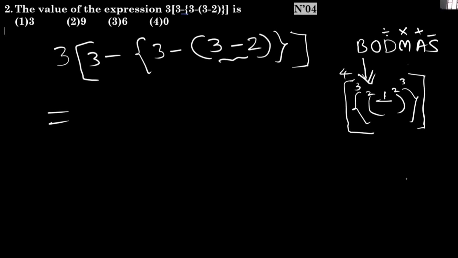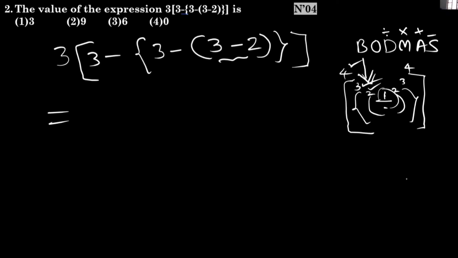This is fourth. While removing brackets, if there is a vinculum or a bar bracket, first we have to remove this one. After the circular bracket, after the flower bracket, after the square bracket. While removing, we follow this strictly, children. So these are brackets.